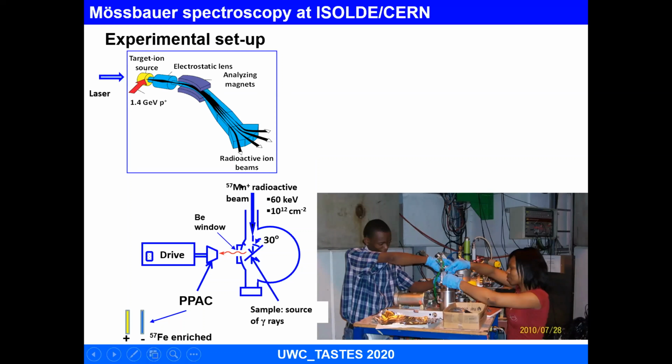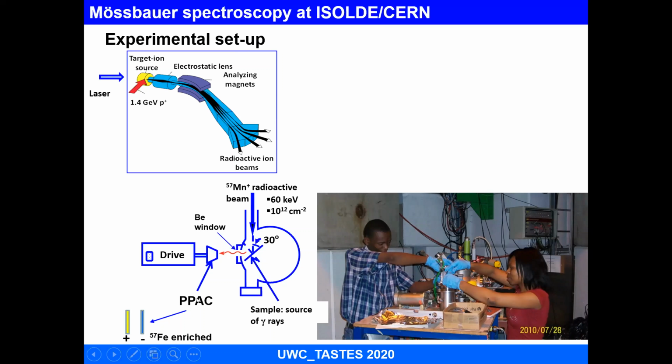If you're doing iron 57, then instead of coming from cobalt 57, which is available as a source, we approach it from a radioactive manganese 57 beam, energy around 40 to 60 keV, fluence 10 to the 12 per square centimeter, incident on a sample which is held at 30 degrees to the beam. The photons from here are then incident on the detector, which is on a conventional drive unit.